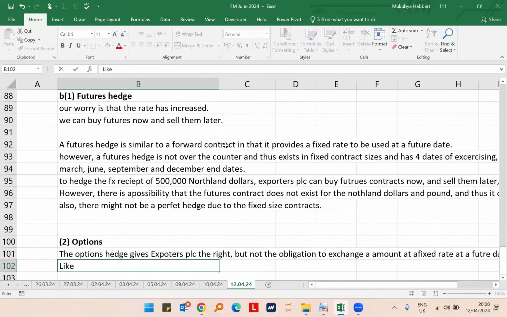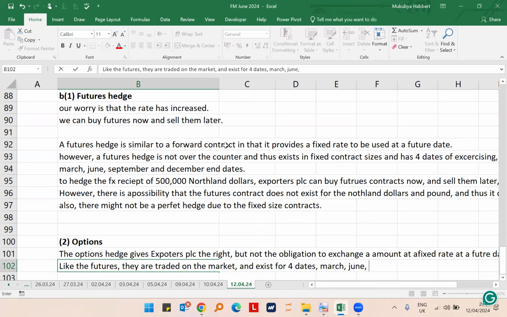Then you say, like the futures, they are traded on the market and exist for 4 dates, which is the March, June, September, and December month end.